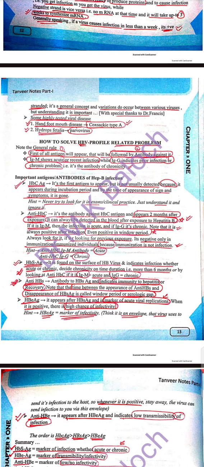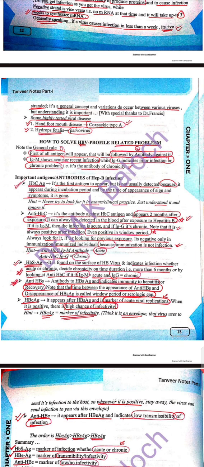So the next antigen is HBs antigen, the surface antigen. It is found on the surface of hepatitis B virus and indicates infection, whether acute or chronic. It does not tell whether it is acute or chronic.